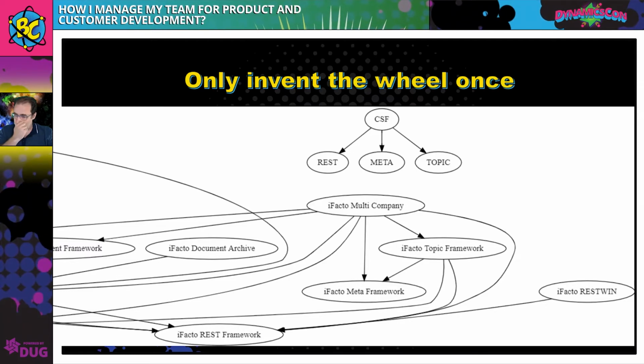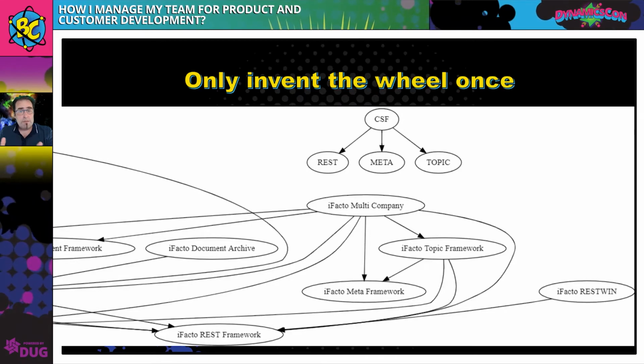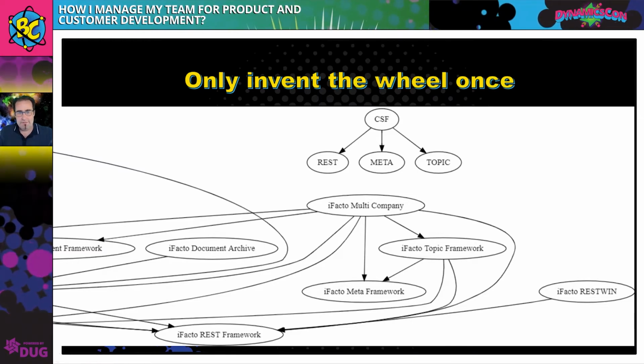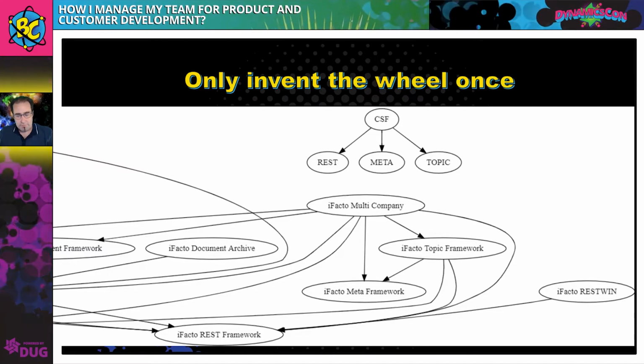As you see, for instance, in this screenshot at the bottom, you see the REST framework. This is exactly what it is. It is a REST framework. It helps us work with REST calls more easily. And then a little bit on top of that, you see here the Effecto Meta framework. Again, a framework that helps us, in this case, with messages. I will come back to that in a minute.